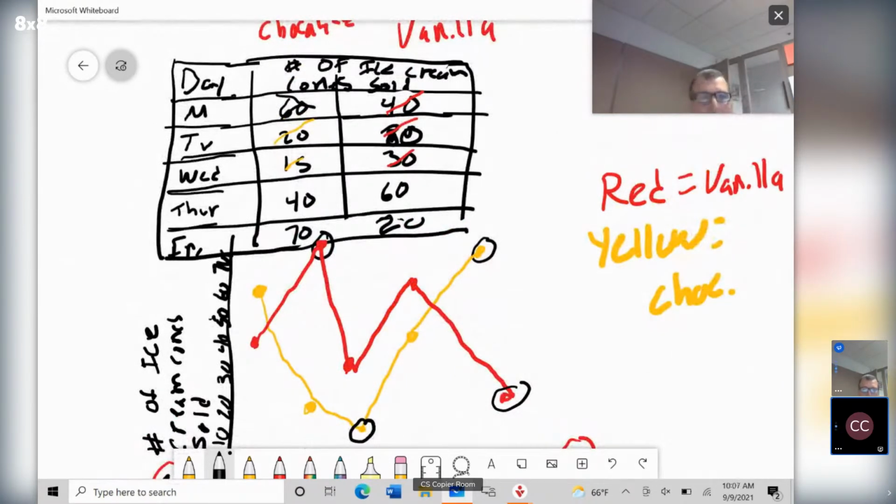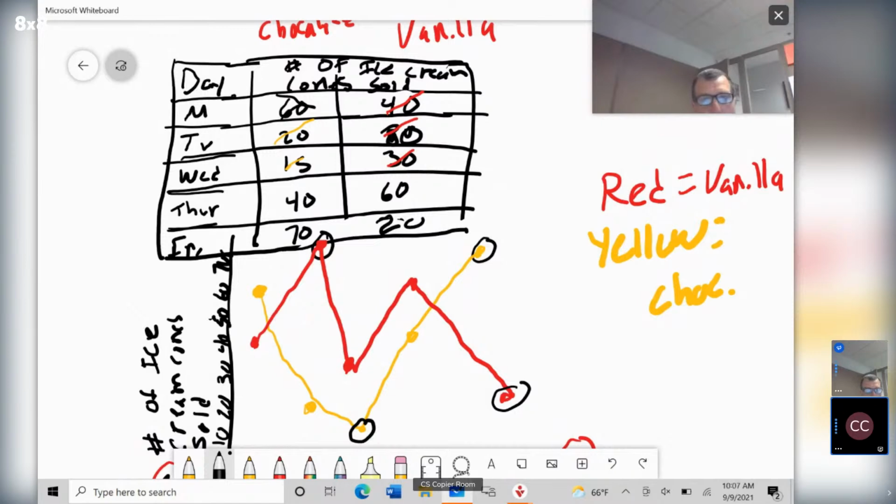Okay, so if you see this, you guys don't get freaked out because there's two lines. Be like, okay, all this is saying is we're just plotting chocolate ice cream cones and vanilla ice cream cones. And each color is going to represent a different flavor. So the red was going to represent vanilla, and the yellow is going to represent chocolate cones sold.